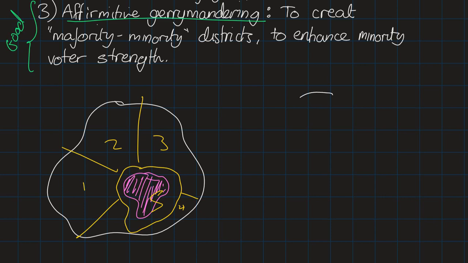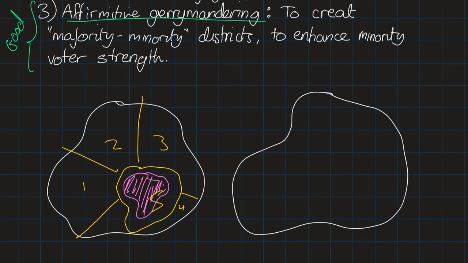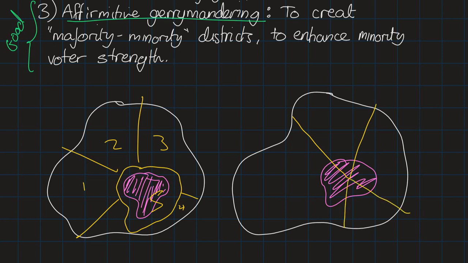And just so you know what the opposite case is, if I try and draw the same situation again, so pink people like this, racial gerrymandering would be dividing up the state something like this. Okay, so there's 1, 2, 3, 4, 5, but notice in none of the 5 districts does the pink have a majority.